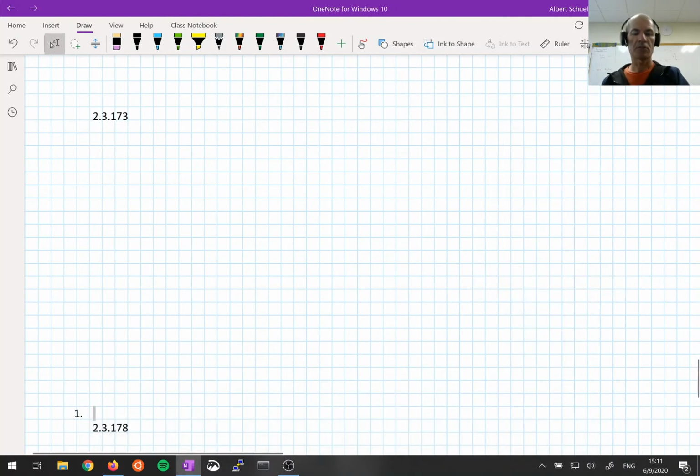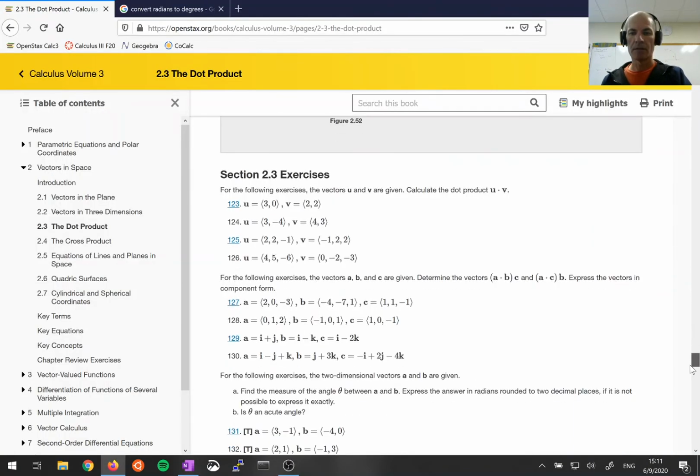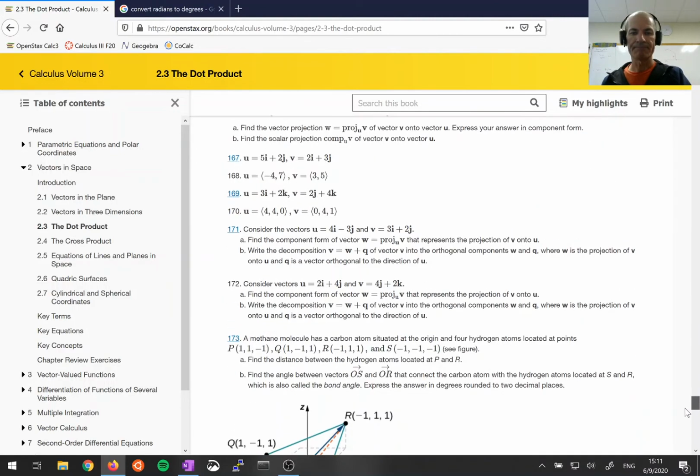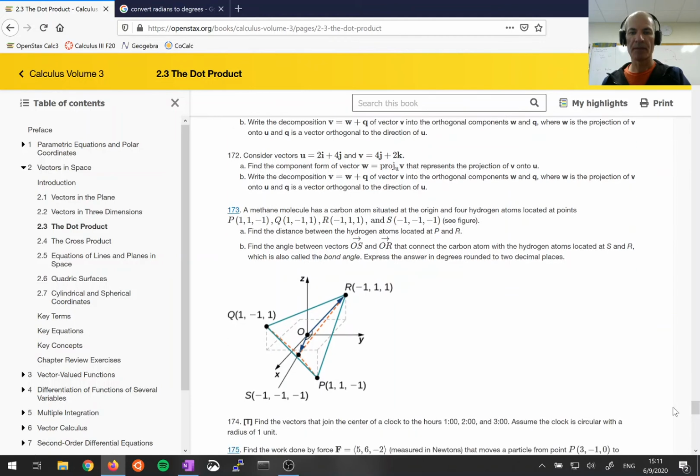All right, let's talk about exercise 173. So 173 is a bit of a chemistry application, and this is a totally legit thing that people want to do, especially in crystallography.